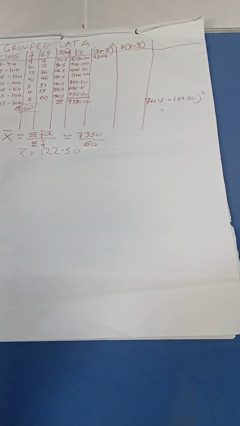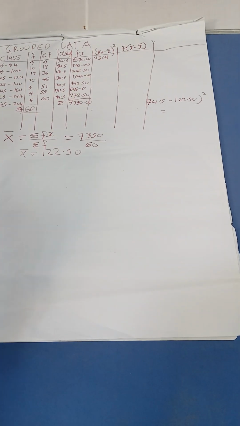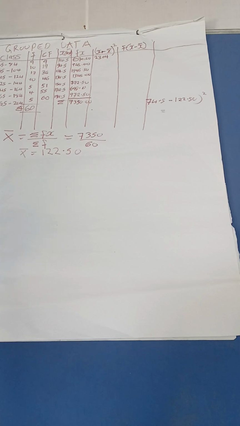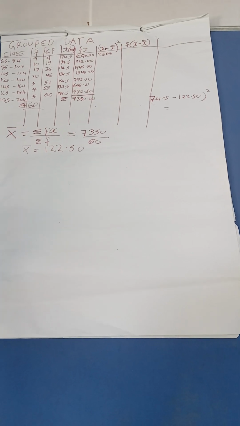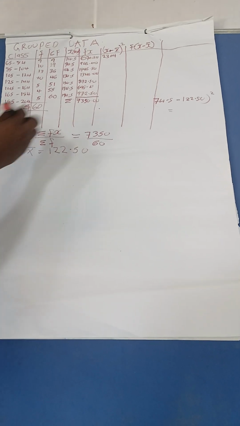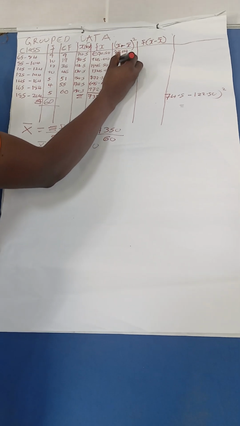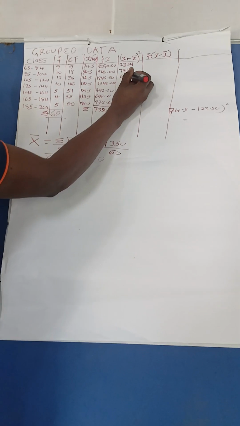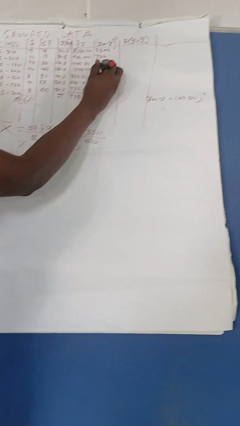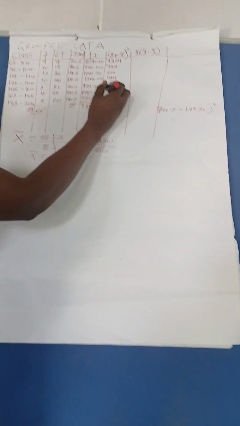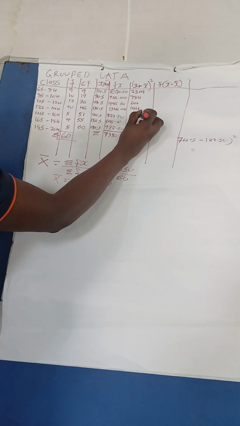2304. Good. Then next will be 784. Next will be 64. Then next we'll have 144. Next we'll have 1024.